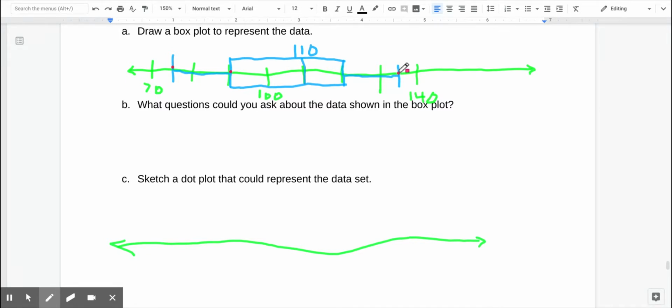Now I'm going to go with the simplest possible set that I could do and imagine that every one of these 5-number summaries have their own number, and that then we have one in between each of them. So that is a very simple dot plot that I could have that would show this data.